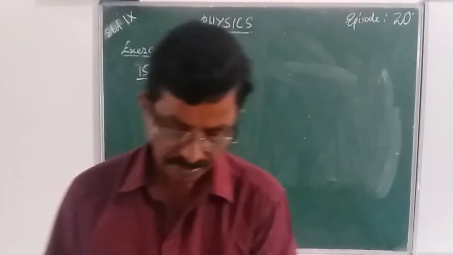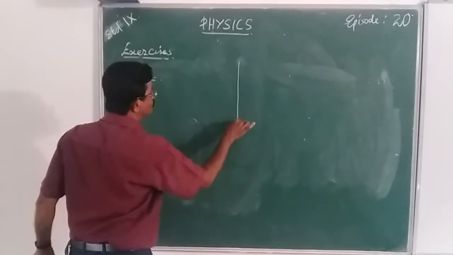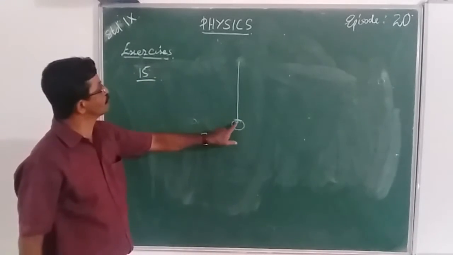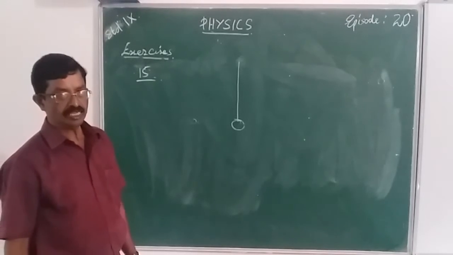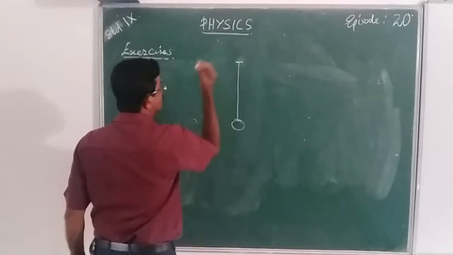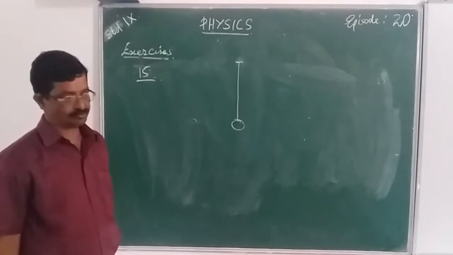See, this is the pendulum. Now this is in the mean position or equilibrium position. Here the energy is minimum, or we can consider it zero.